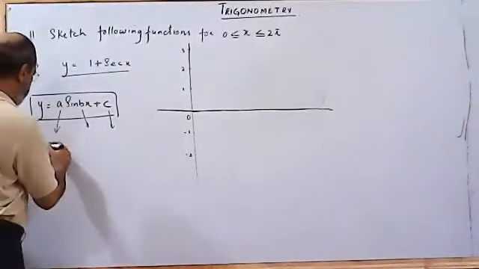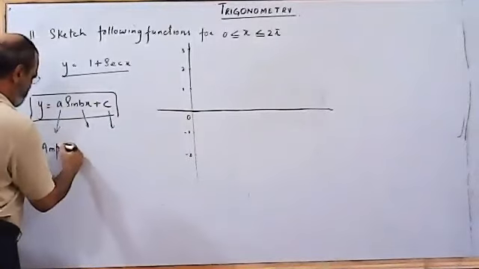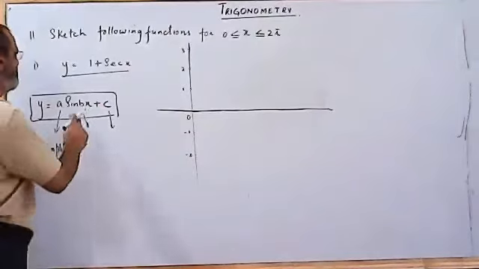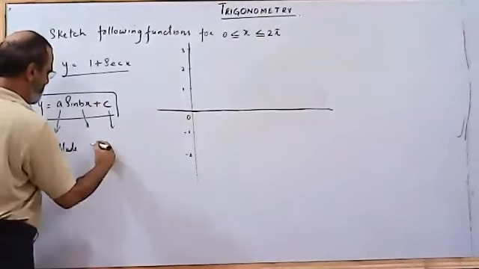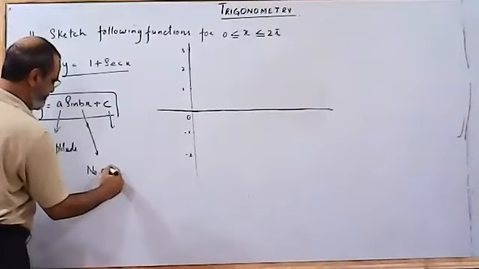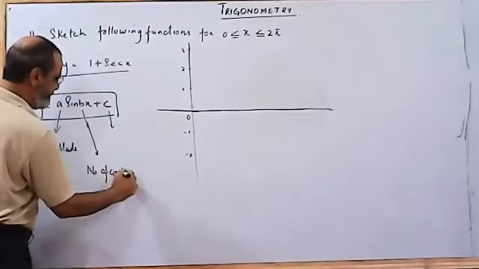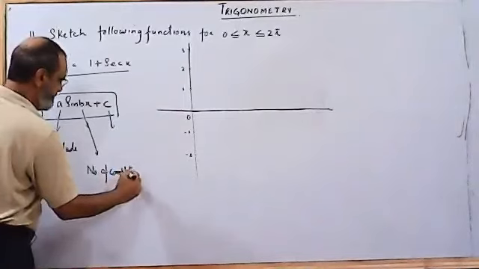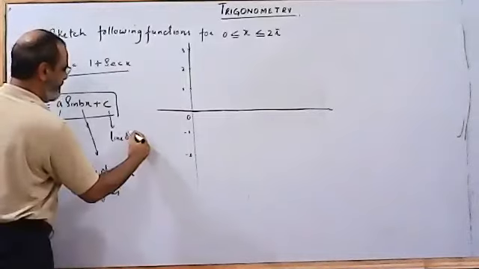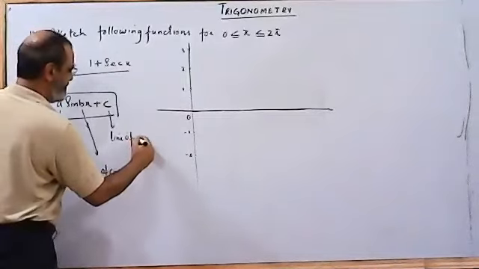A stands for the amplitude of the curve, b stands for the number of complete cycles or curves, and c stands for the line of symmetry.